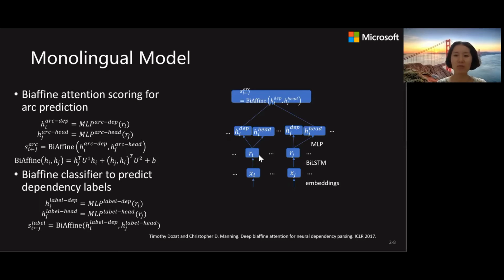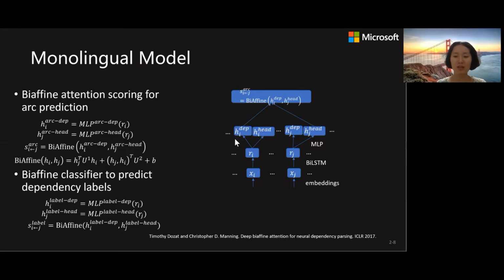Then on top of it, we apply two different MLPs and get two vectors, h-dep and h-head. Here, h-dep represents the embedding when the current token is the dependent of an arc, and h-head represents the embedding when the current token is the head of an arc.